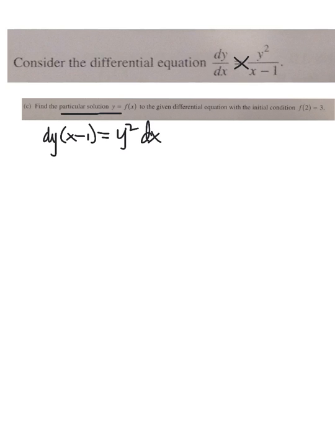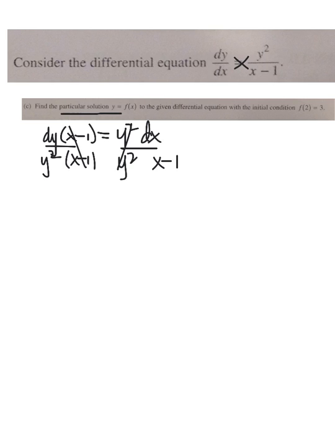Now, what's our next step? Our next step is to get our like variables together. So I am going to divide by y squared, that way my y's will be on the left. And I'm also going to divide by x minus 1, that way my x's will be on the right.